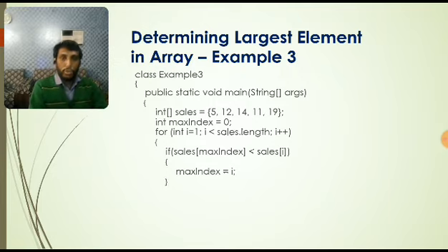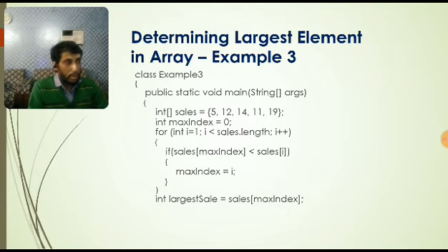Okay, so this is closed, and then one more variable to hold that maximum value: int largestCell, assignment operator, the maximum. Then you have to print with System.out.println, and the largest cell value will come, that is 19, and the output will be 19.